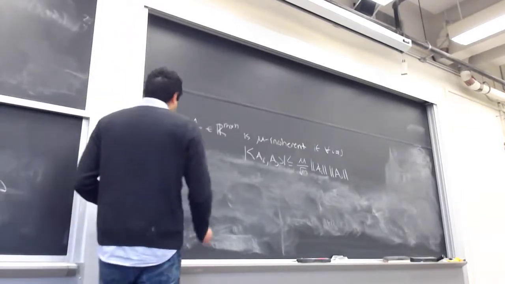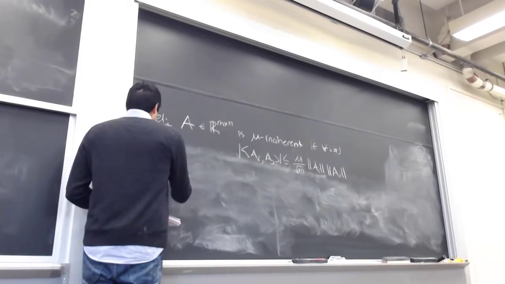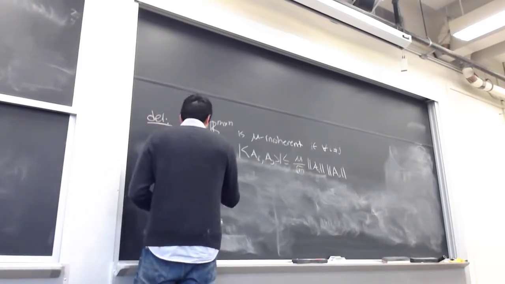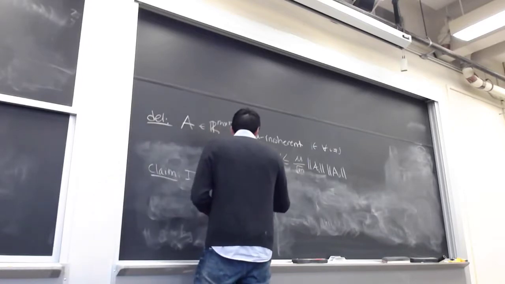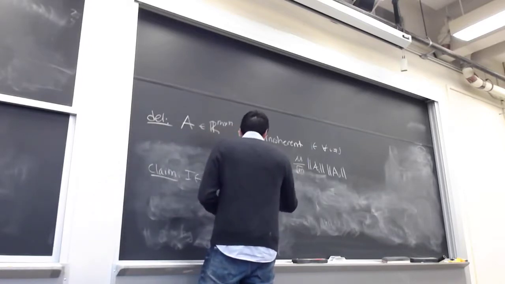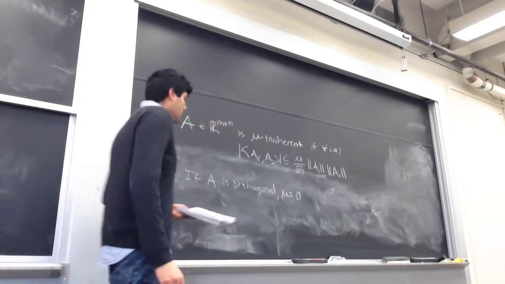Just to make sure that we're on the same page, if A is orthogonal, mu is 0, that's great.